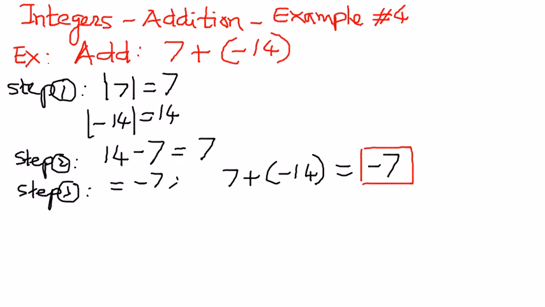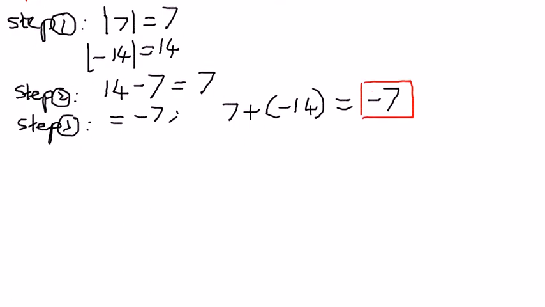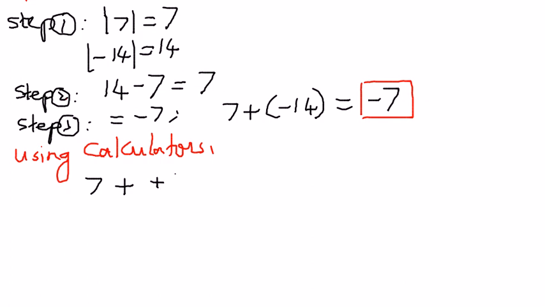As I was mentioning to you in my previous example, if we were to use our calculators, this is how we're going to simplify this process. We're going to enter the number 7 plus, there is no positive negative to that. To enter a negative value in your calculators, you have a positive negative button.